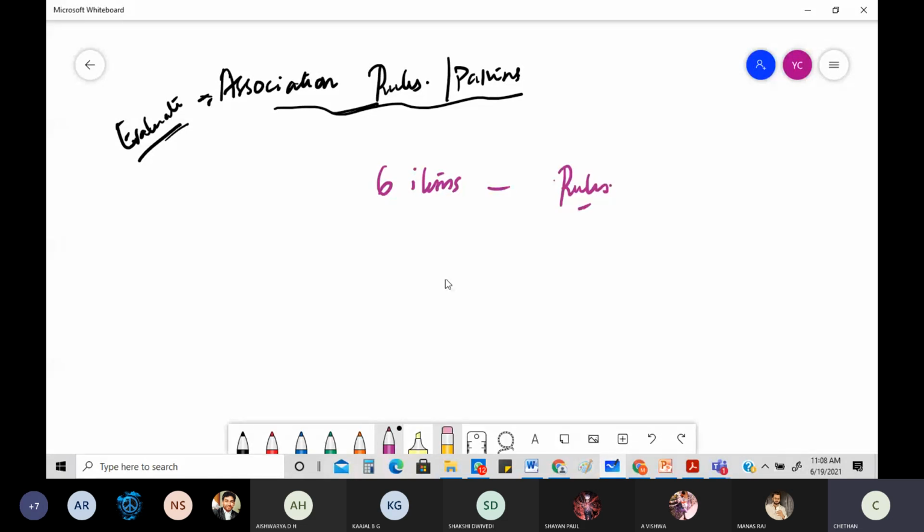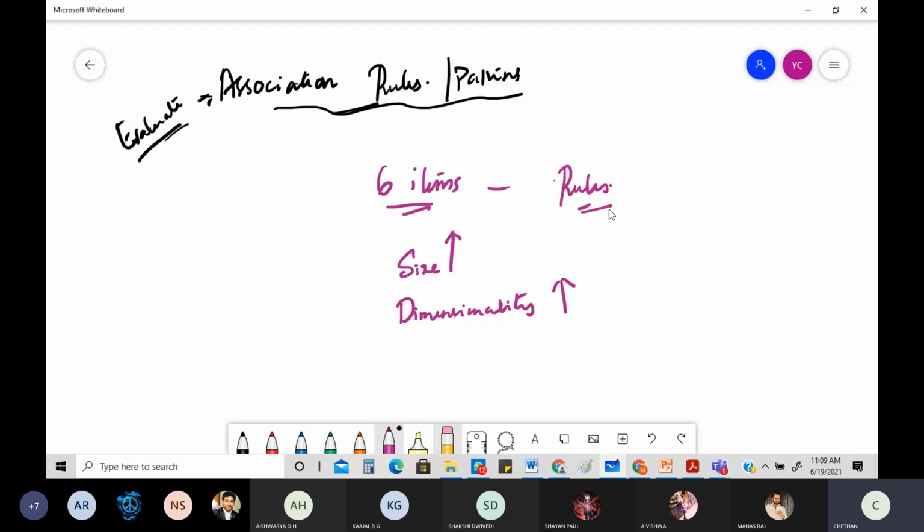If the size increases, which basically means the number of items is also increasing, and also the dimensionality of it. What is the meaning of dimensionality? Number of items per transaction. If that is also increasing, then the number of rules will also increase.